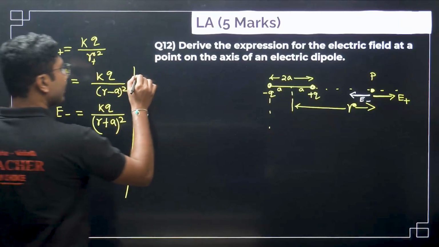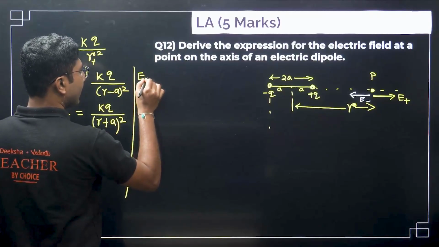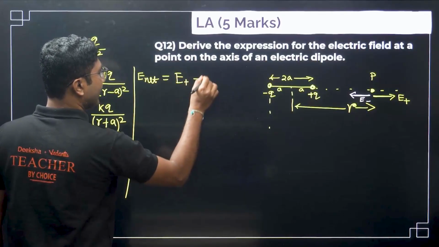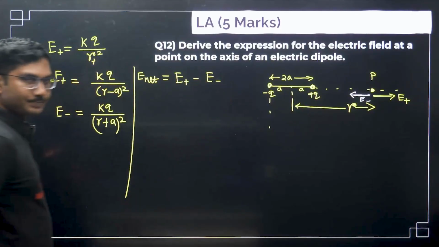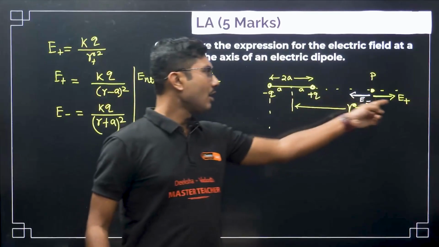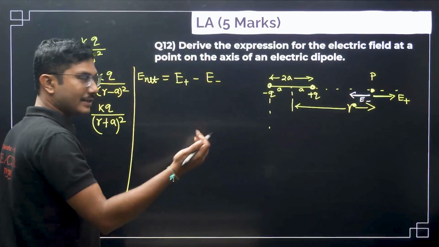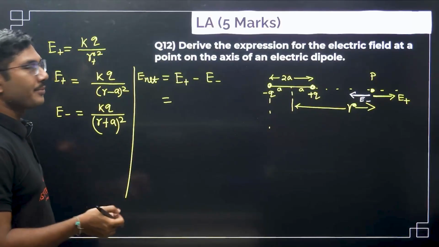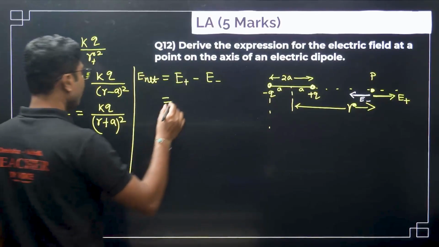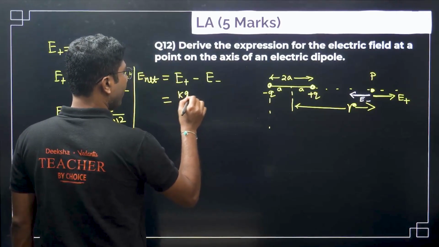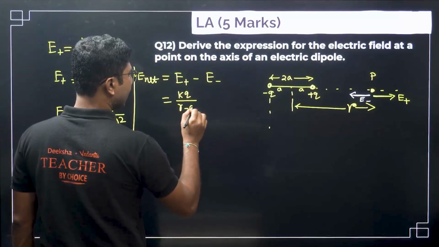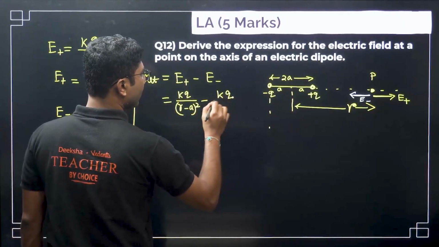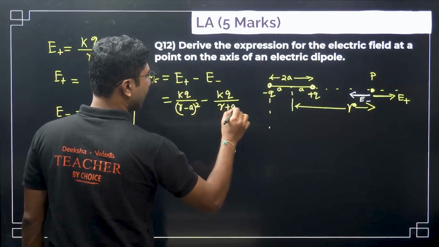So the net electric field we can calculate as E plus minus E minus. Why minus? Because they are in the opposite direction. If they are in the same direction, we can simply add them; because they are in the opposite direction, you have to subtract them. So KQ by R minus a whole square minus KQ by R plus a whole square.